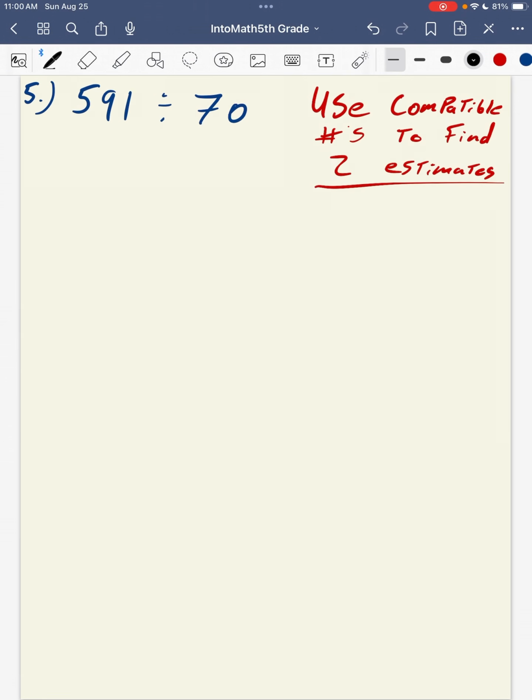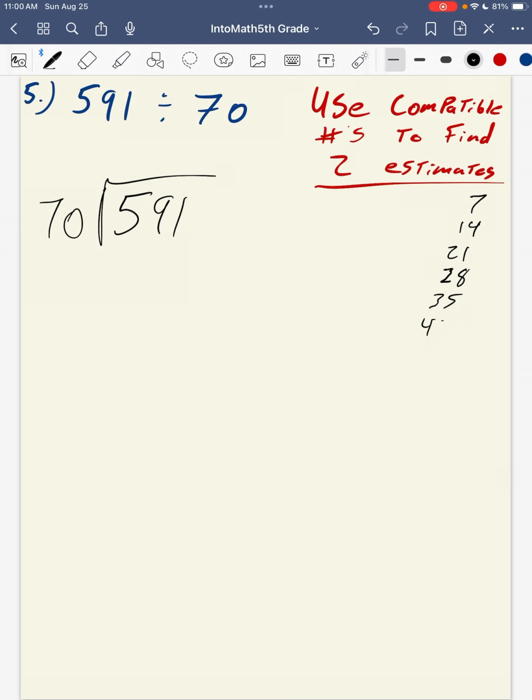All right. For problem number 5, we have 591 divided by 70. To use comparable numbers, we can find two different estimates. Well, if I think about my multiples of 7, I know that I have 7, 14, 21, 28, 35, 42, 49, 56 and 63 and 70.